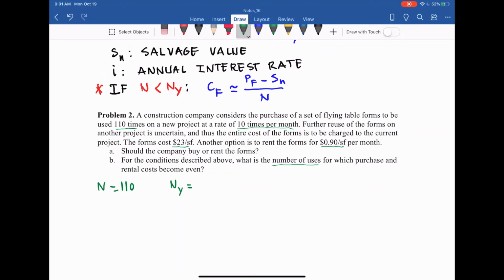They say 10 times per month in the problem, and we have 12 months per year, so you have 120 uses.